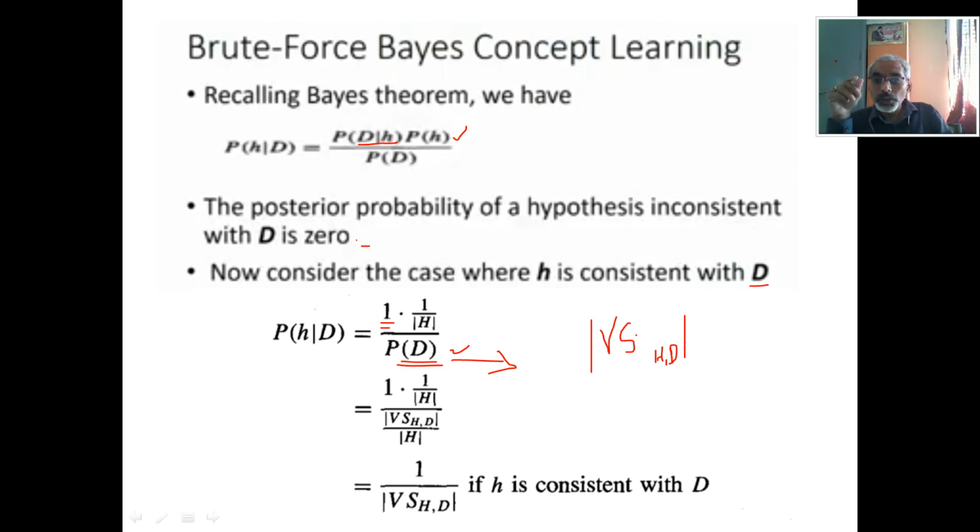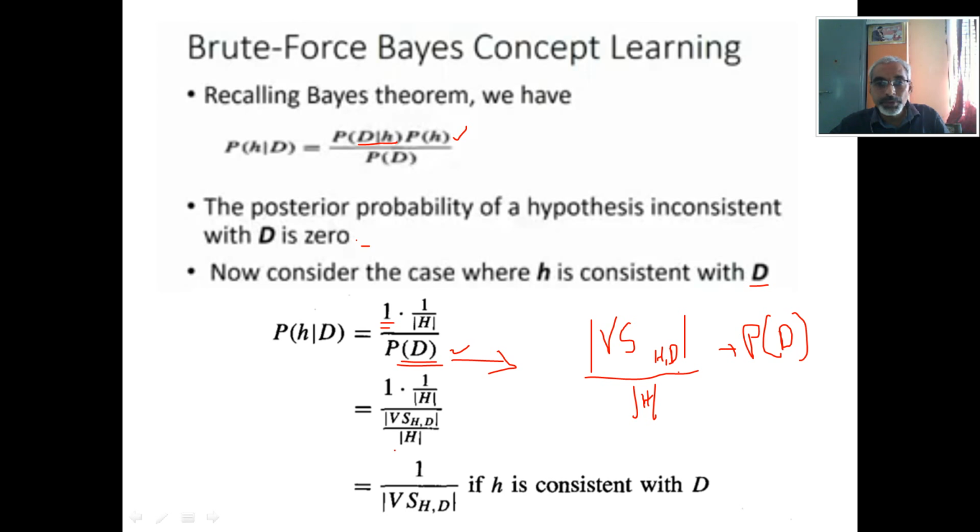So for the probability of D, this denominator is now replaced with all the consistent hypotheses with respect to the given training data set in our version space, divided by the set of all hypotheses. That means totally how many hypotheses are there. So this is our denominator, that is the probability of the data set D.